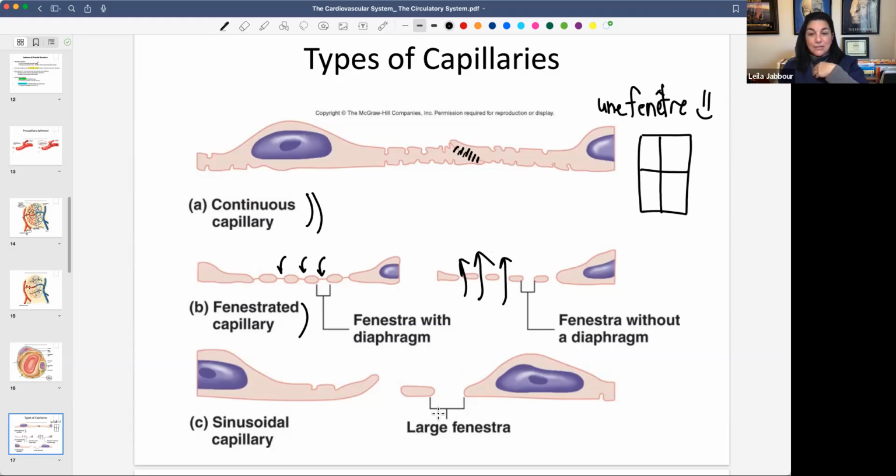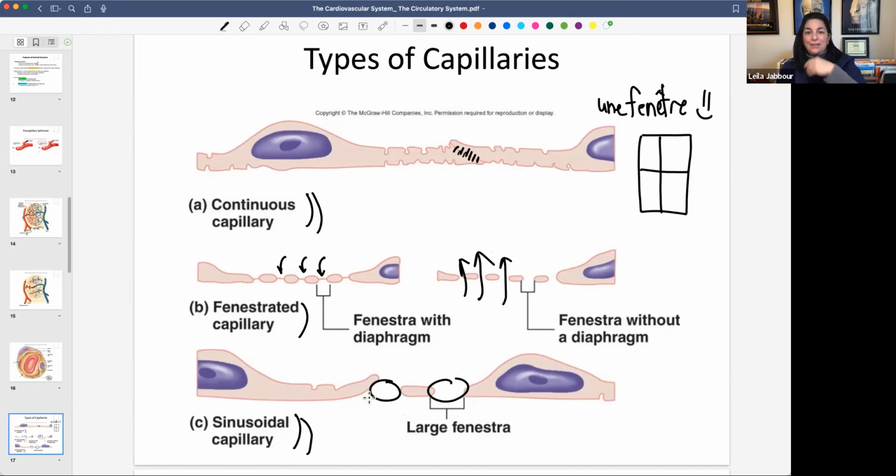In some cases, we have such huge openings that these are called large fenestra. So we describe these as being sinusoidal capillaries. So with sinusoidal capillaries, the gaps are much bigger than the fenestrations would be in a fenestrated capillary. So we call it sinusoidal. It's like a sinus. It's like that big.